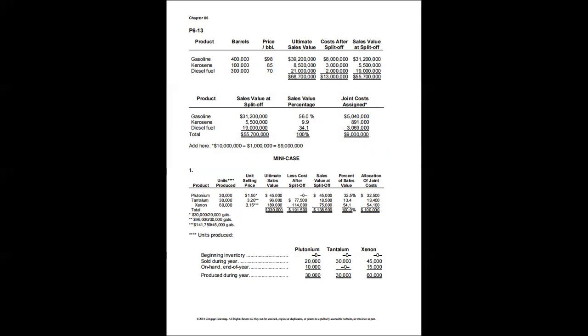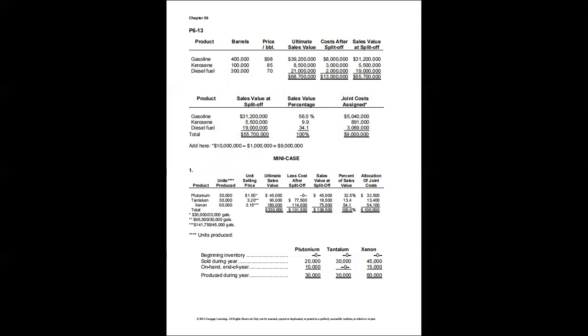Determine the allocation of joint cost using the net realizable value method, rounding the sales value percentages to the nearest tenth of a percent. Hint, reduce the amount of the joint cost to be allocated by the amount of the byproduct revenue.